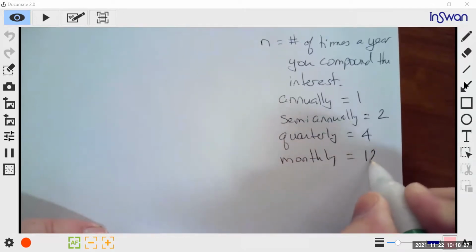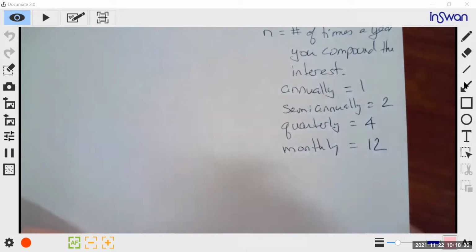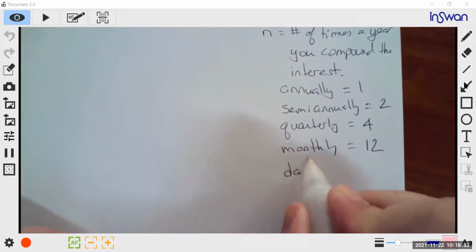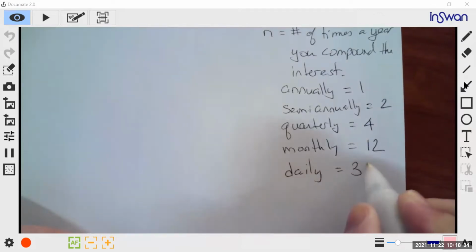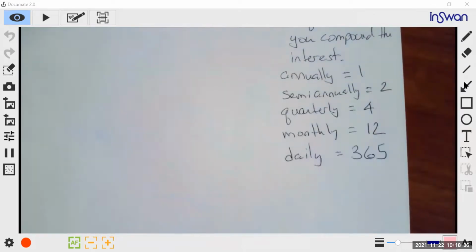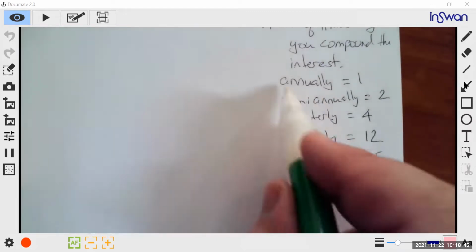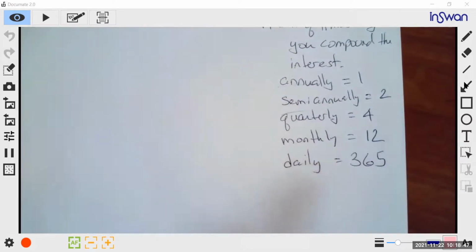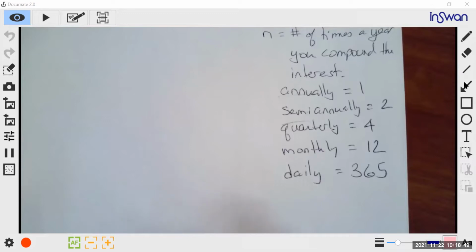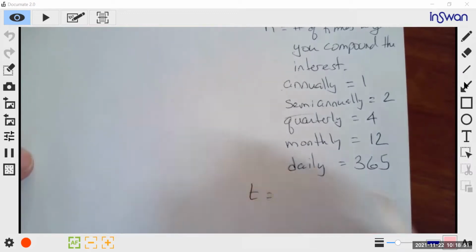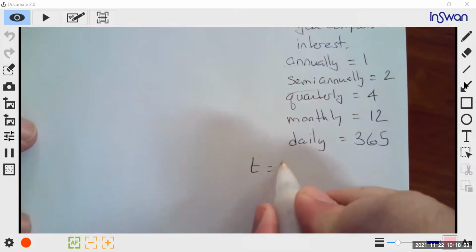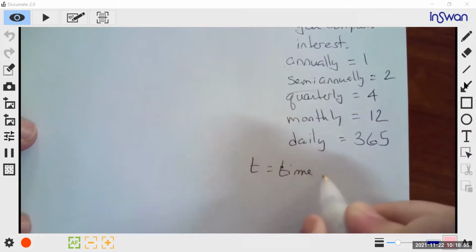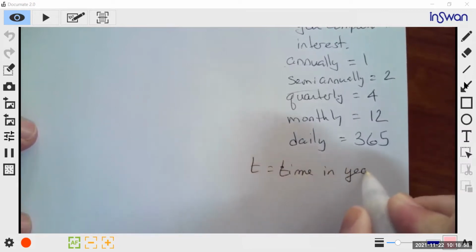Monthly, you do it 12 times a year. And daily, you do it 365 times. So again, it's all of these words that break down to numbers that are put in there. And T is the amount of time in years.